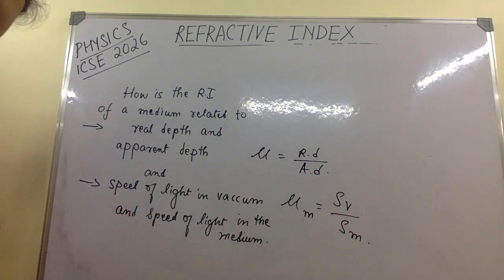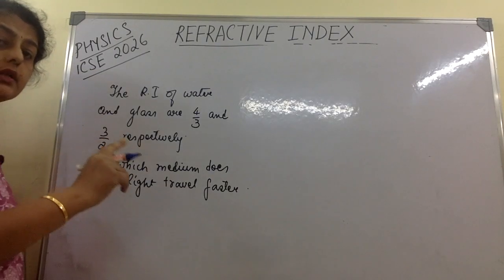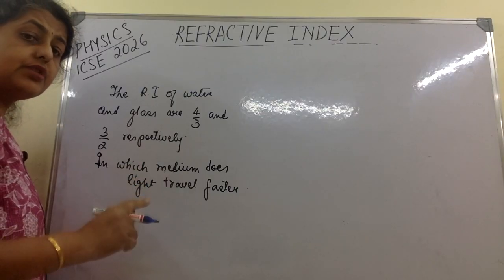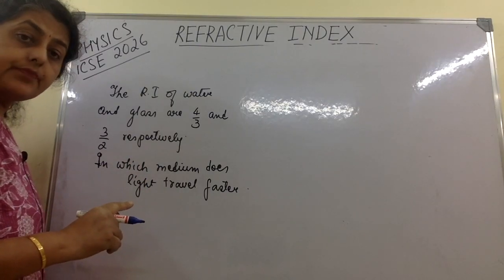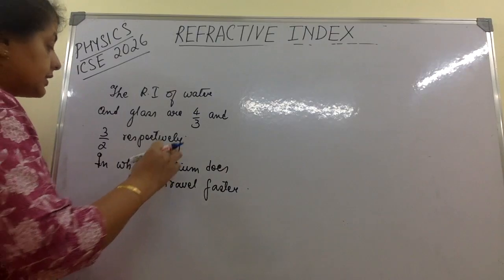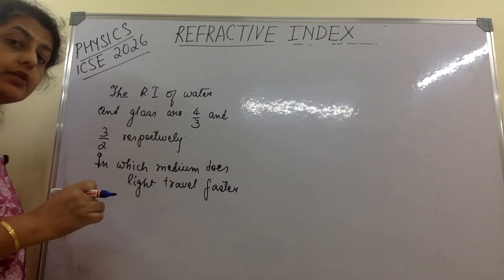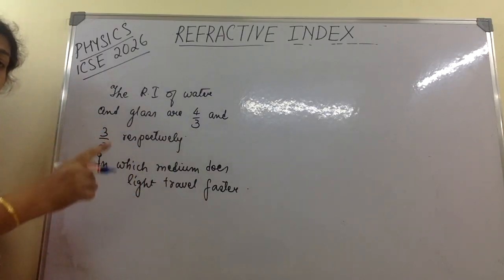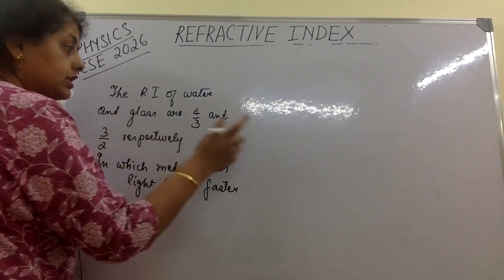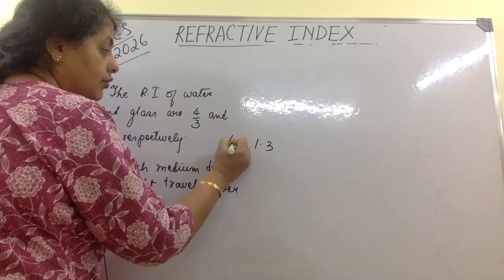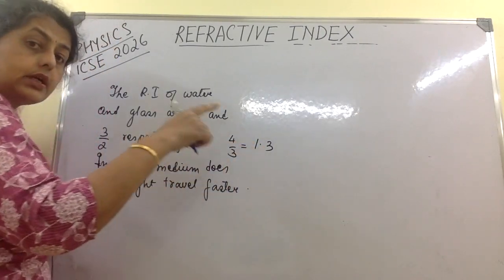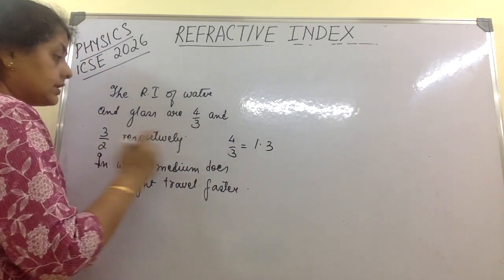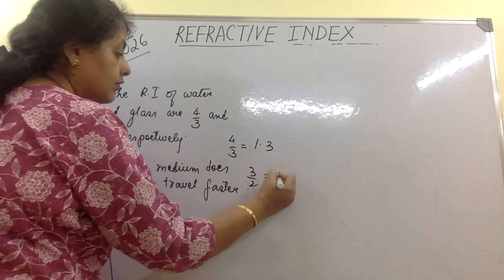Let's see the next question. Refractive index of water and glass are 4 by 3 and 3 by 2 respectively. In which medium does light travel faster? Refractive index of water is here, glass is here. If we convert to decimals, 4 by 3 we'll get 1.3, and 3 by 2 is 1.5.